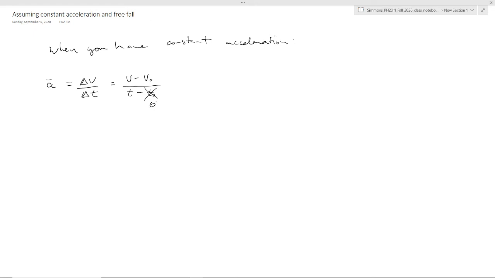But notice what this gives us. Recall I just told you that the acceleration will equal the average acceleration because it's constant. And so what that means is that acceleration is v minus v naught over t. We can then solve this for velocity, and we get an expression v equals at plus v naught.